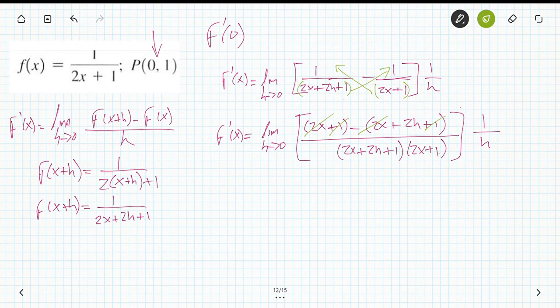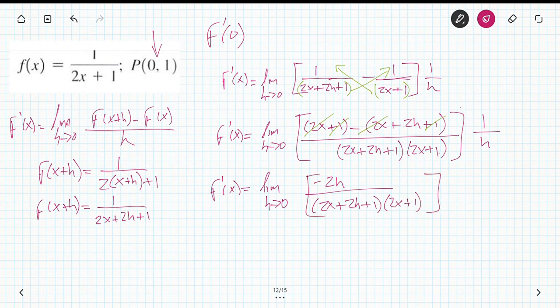So in the end, you're going to end up with f prime of x equals the limit as h approaches 0 of negative 2h, because that was the only term that was not eliminated, over 2x plus 2h plus 1 times 2x plus 1, and all of this is going to be multiplied by 1 over h.